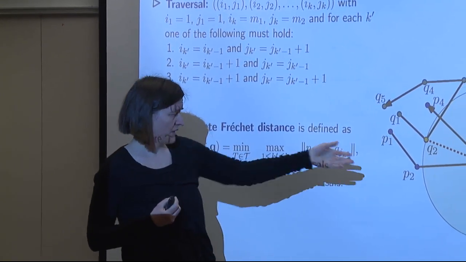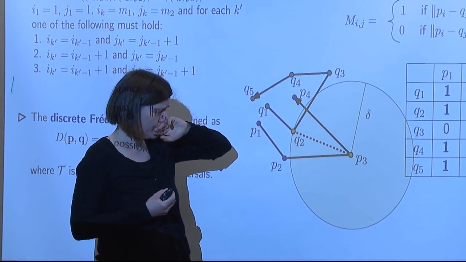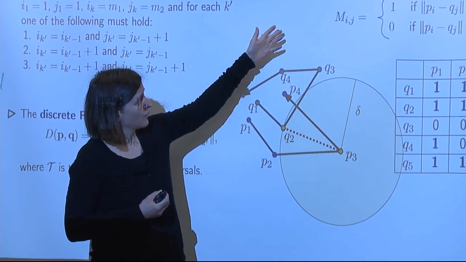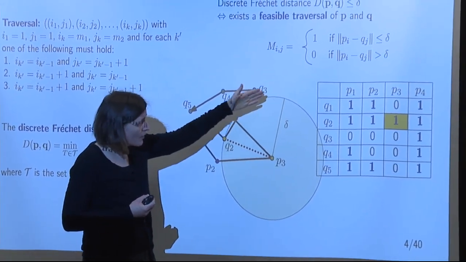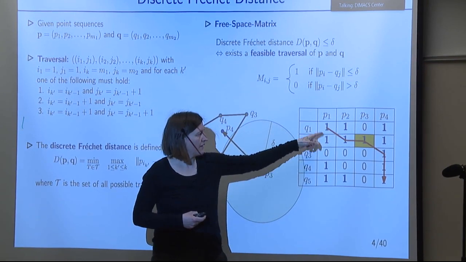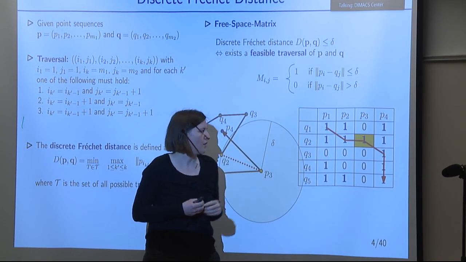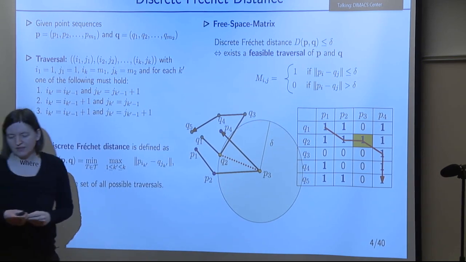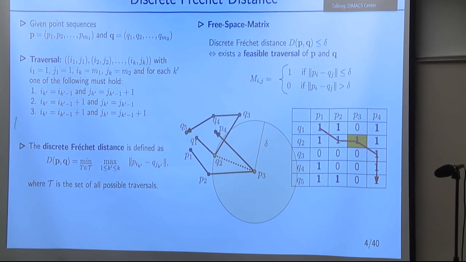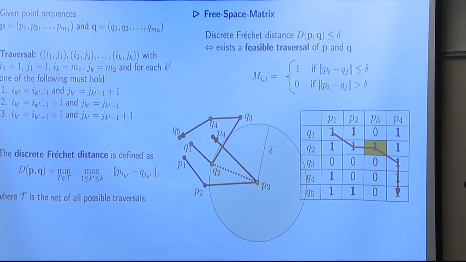This can be solved by dynamic programming, looking at the so-called free space matrix, where you're interested in whether there is a monotone path that only uses the 1 entries of the matrix, which denote the pairs of points that are within distance delta.